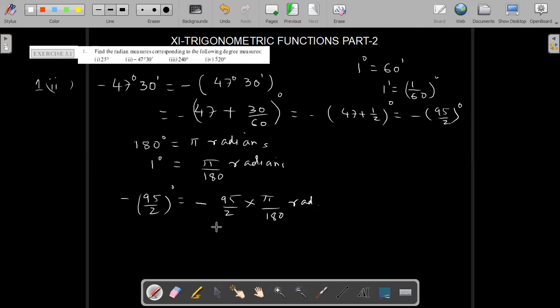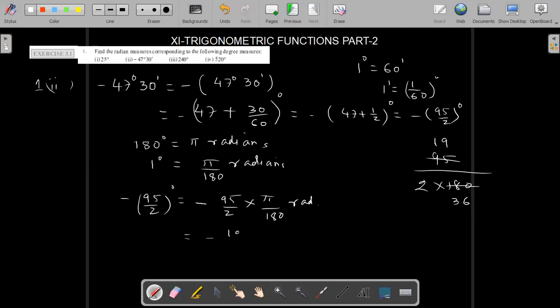And this you can solve. It is divisible by 5. I will solve here: 2 into 180. It is divisible by 5: 5 3s are 15, 5 6s are 30, and 5 1s are 5, 5 9s are 45, so 36 2s are 72.